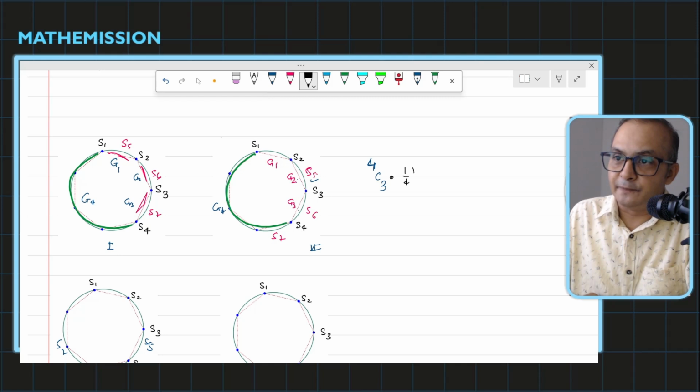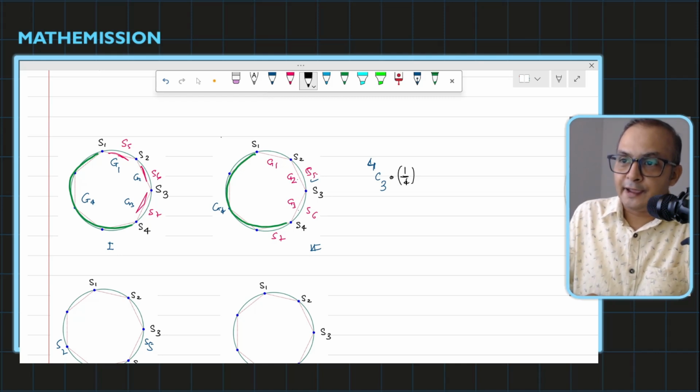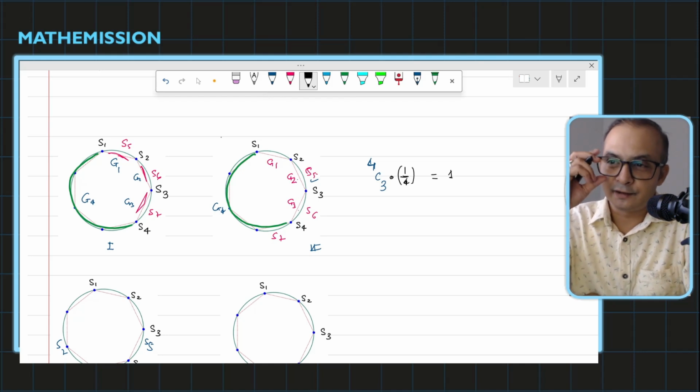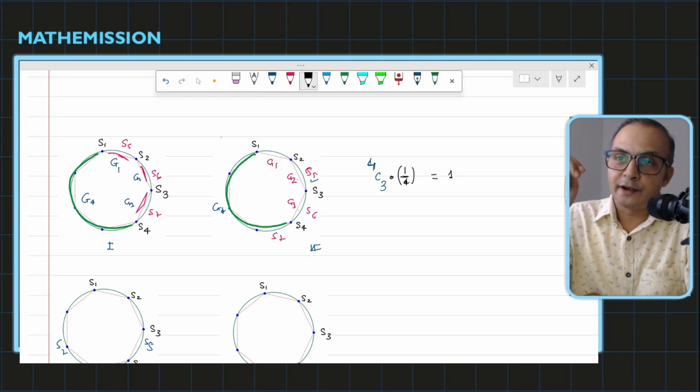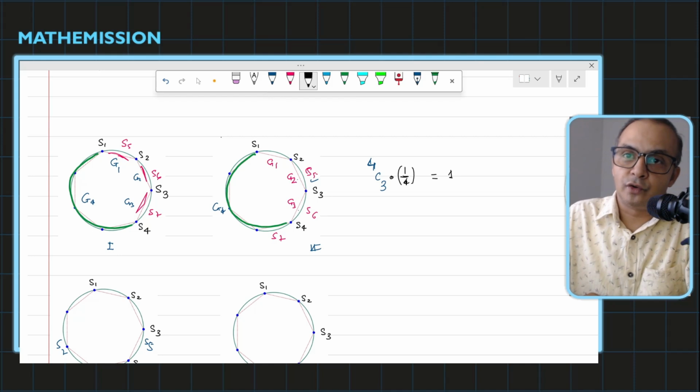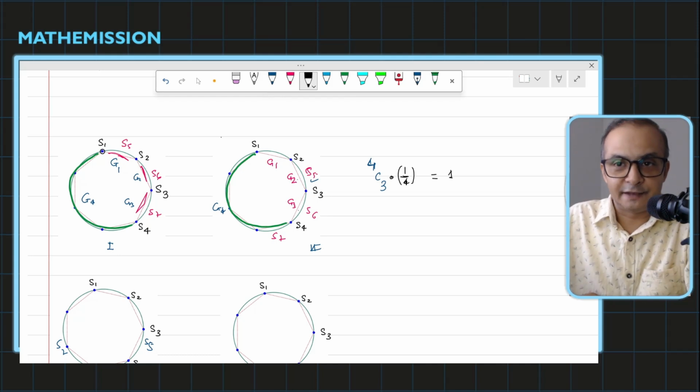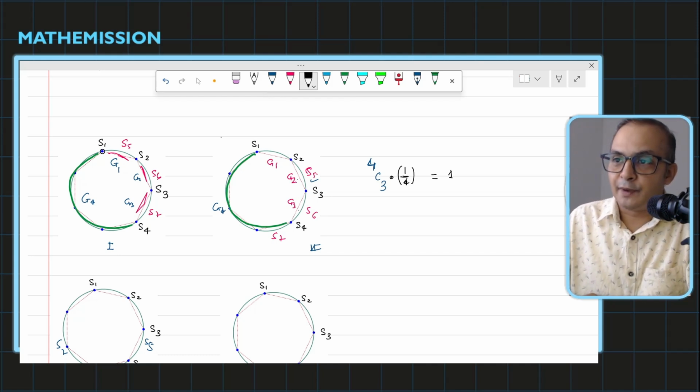It's our duty. But again, this is not the answer. The answer is coming as 1 here. Why? Because we don't know from which point we have taken the reference. How many points are there? There are 7 points. Therefore, we have to multiply this whole thing by 7.